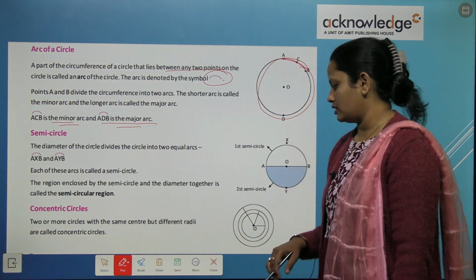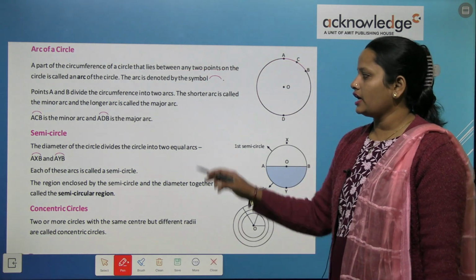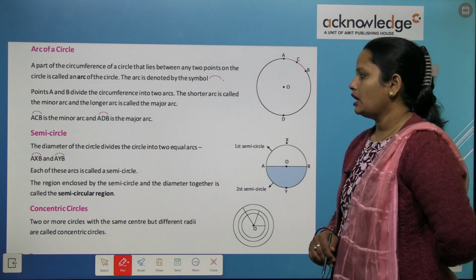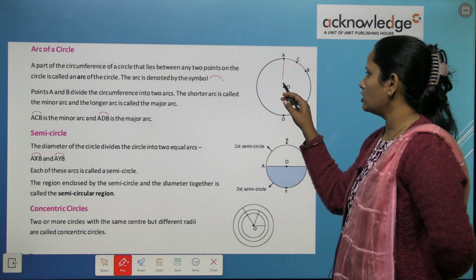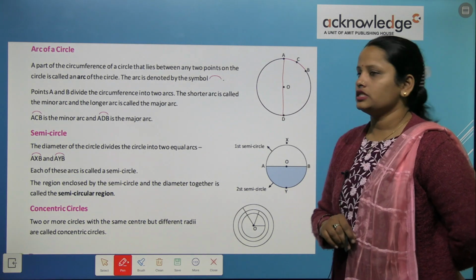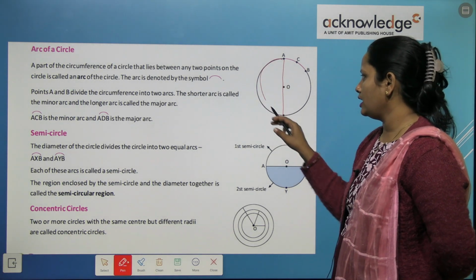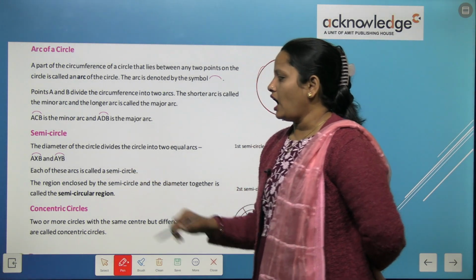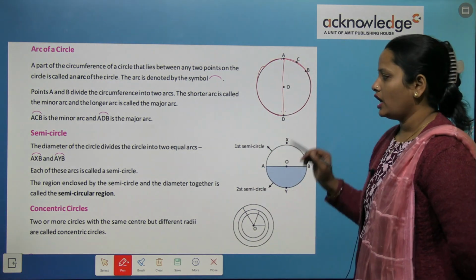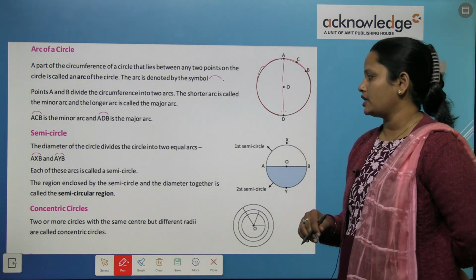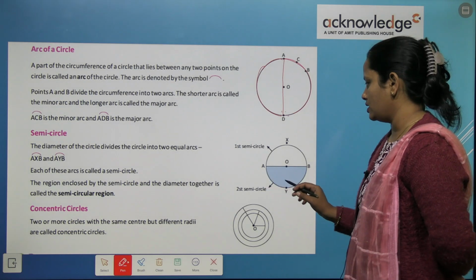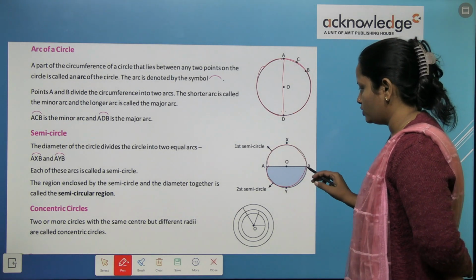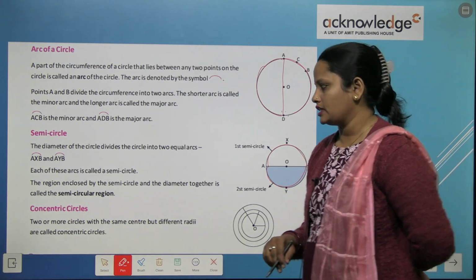Next comes the semicircle. What is a semicircle? The diameter of the circle divides the circle into two equal arcs. The diameter divides the circle into two equal arcs, arc one and arc two. Each of these arcs is called a semicircle, and each arc we call a semicircle. Here you can see this from here to here is a semicircle and from here to here is another semicircle.